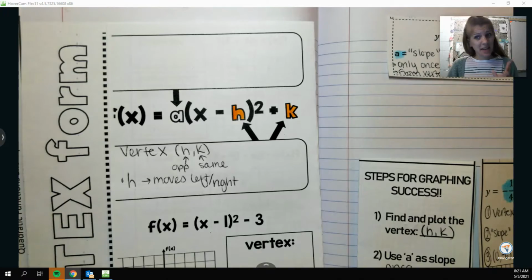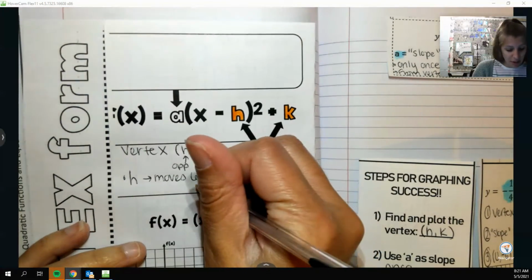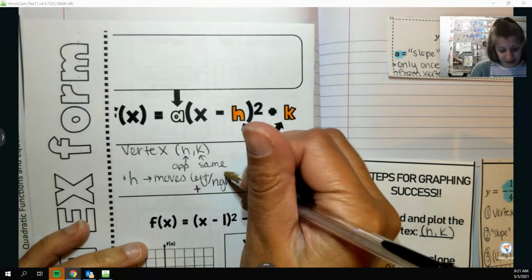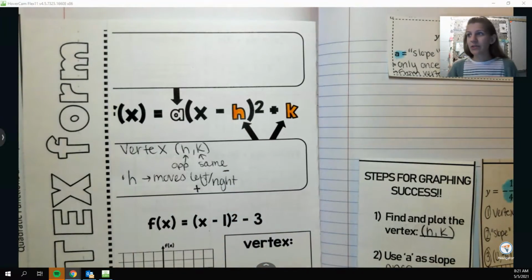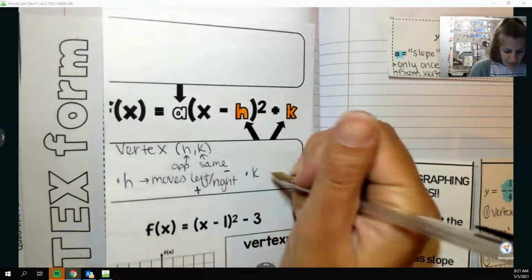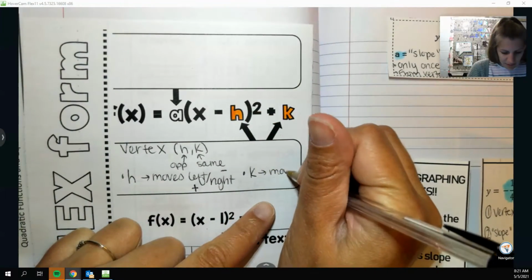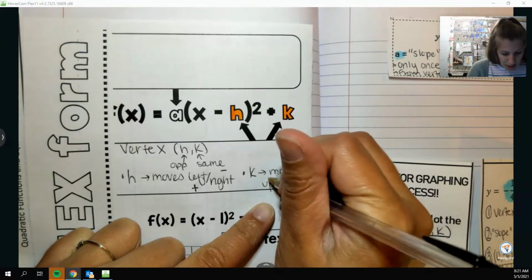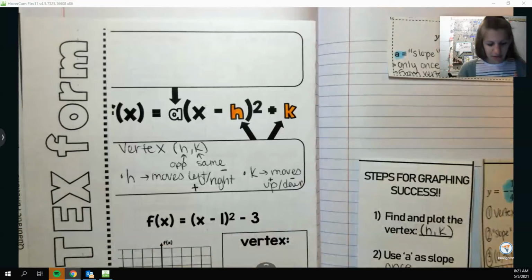Like if I think left, I think negative, but it's actually positive. And then it's going to move right when it's negative, which is so strange. And then our K value moves us up and down. And it does exactly as you would expect. So up is positive and down is negative.